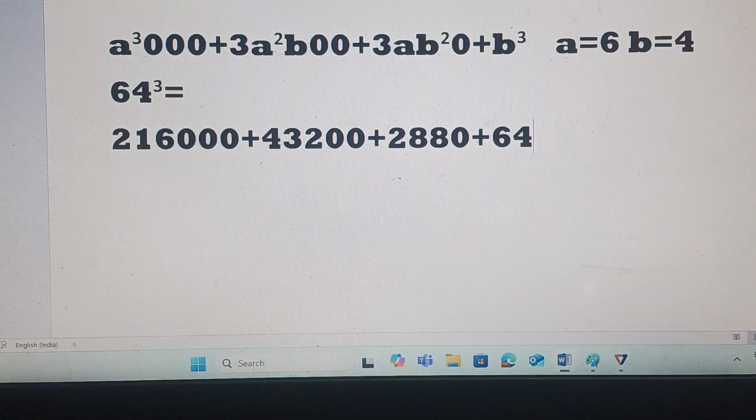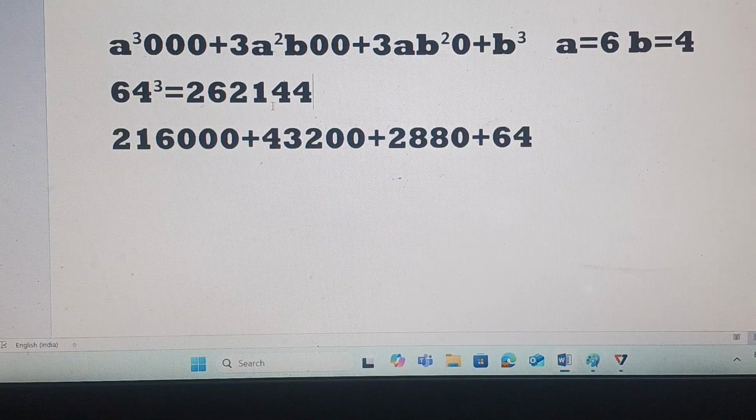So now we have 216,000 plus 43,200 plus 2,880 plus 64, which is 262,144. So there you have it. 64 cubed is equal to 262,144. Now let's take a look at one final example.